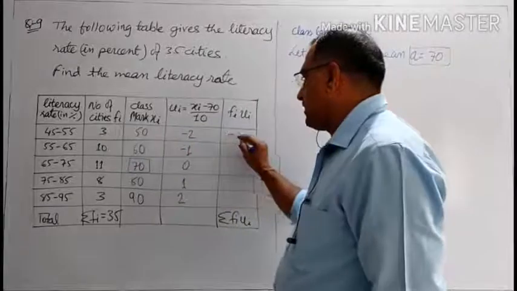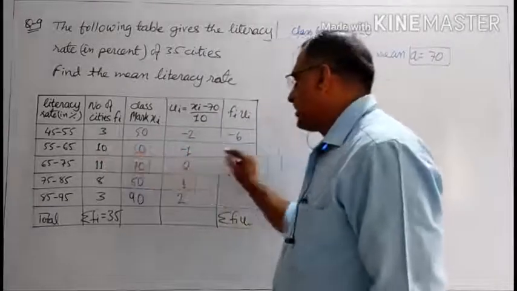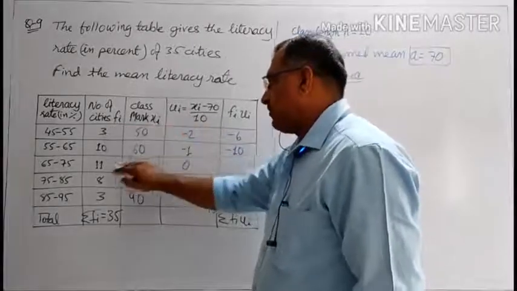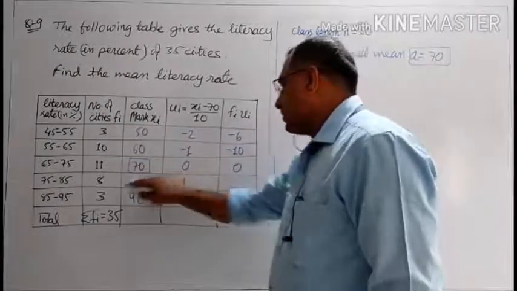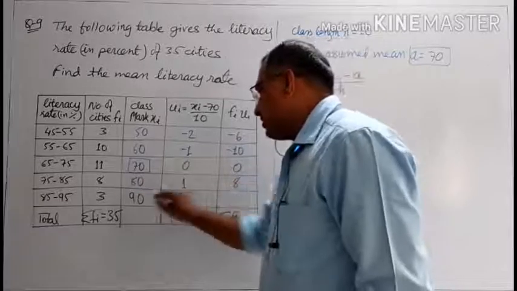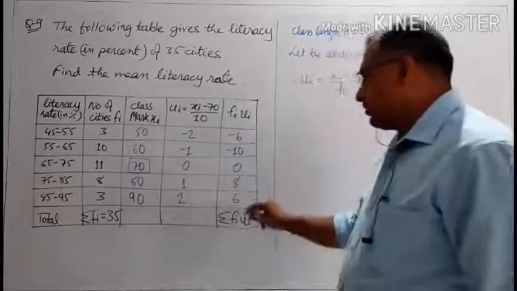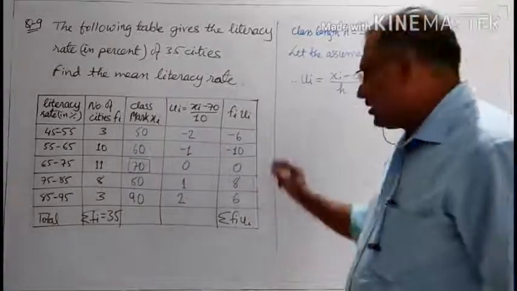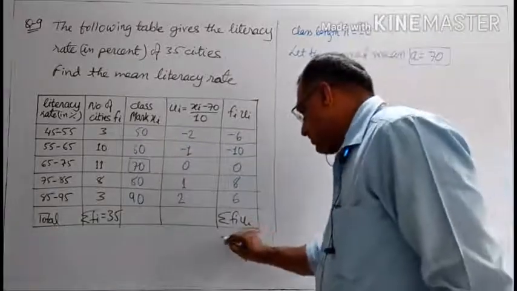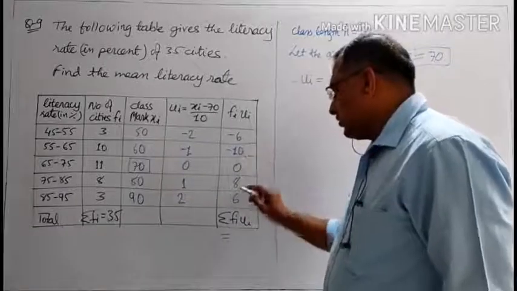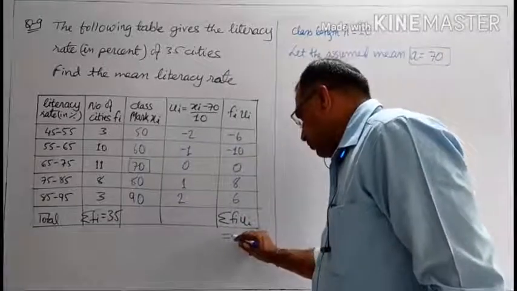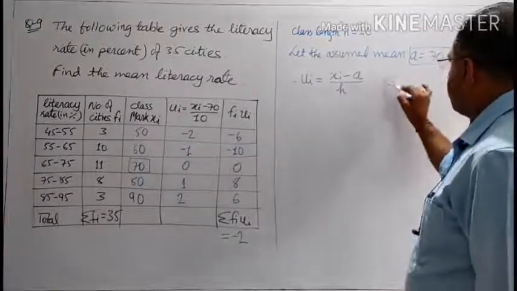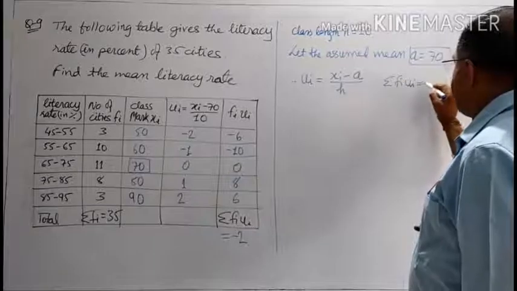That is 3 times negative 2 is negative 6, 10 times negative 1 is negative 10, 11 times 0 is 0, 8 times 1 is 8 and 3 times 2 is 6. Now we add 8 plus 6, that is 14, and negative 16. So the total sum, sigma fi ui, is equal to negative 2.